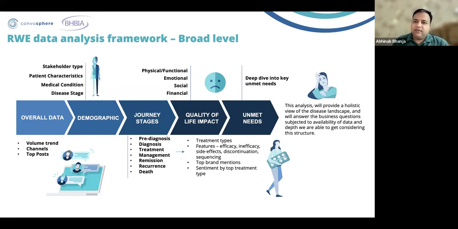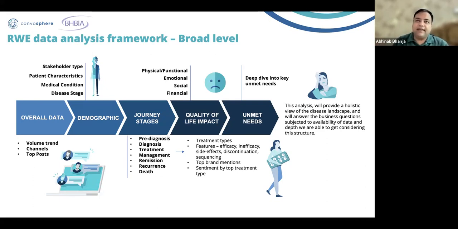Unmet needs are very important, because this is something we don't really see on social, where patients come up and say, this is my unmet need, or this is the information need that I have. So during the analysis, we identify the unmet needs they are specifying, or we have to read between the lines and understand what they're talking about.